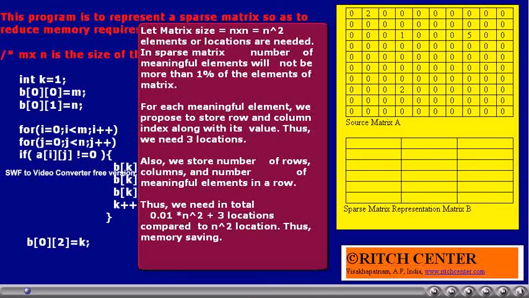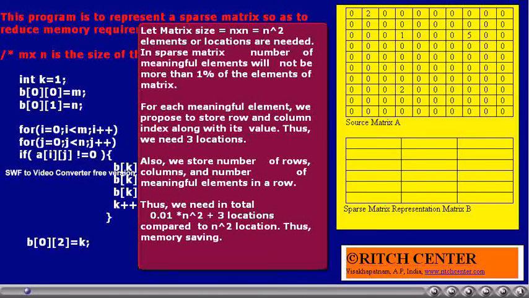We store the size of the matrix, number of rows, columns, and number of meaningful elements in one row. And then subsequent rows will store row and column indexes of the meaningful elements of the original matrix along with the element values. Thus, the memory requirements will be reduced.